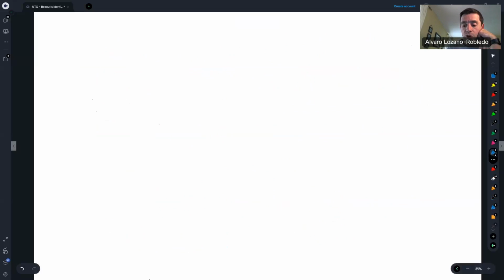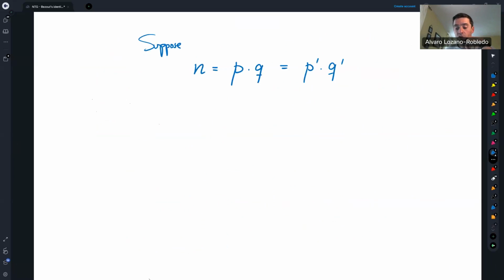Suppose there was no unique factorization of primes, and suppose there was some n that is both p times q, and also has another factorization, let's call it p prime times q prime. So suppose that n, an integer, is p times q, and it's also p prime times q prime, where p, q, p prime, and q prime are primes.